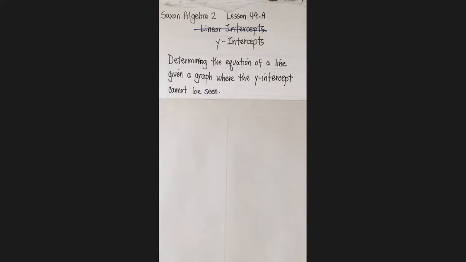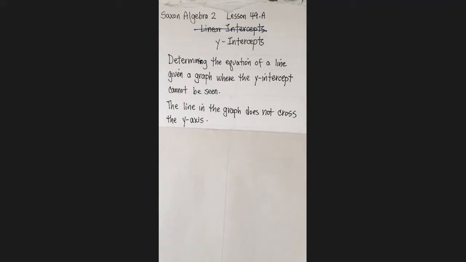Now, why can't it be seen? It can't be seen because the line in the graph does not cross the y-axis. Now, what kinds of lines do not cross the y-axis? The only kind of lines that do not cross the y-axis are lines that are parallel to the y-axis.